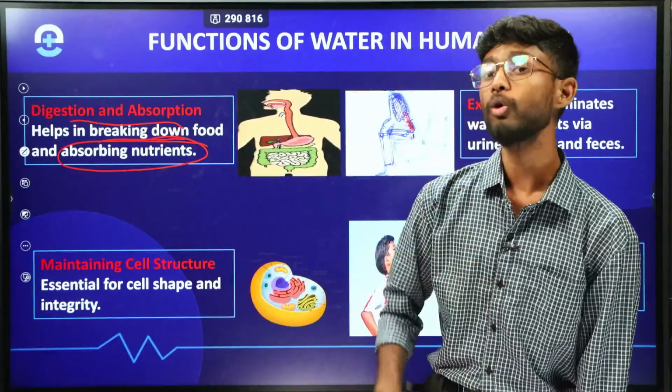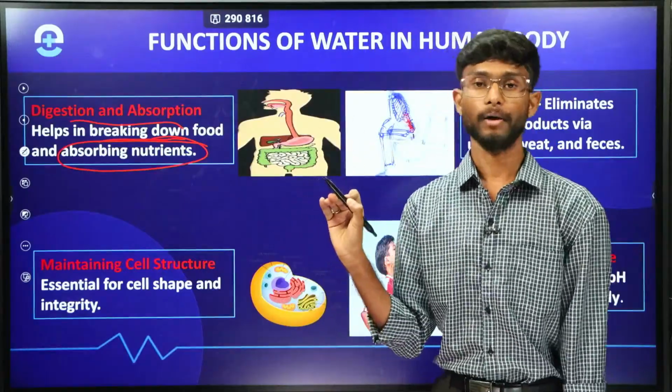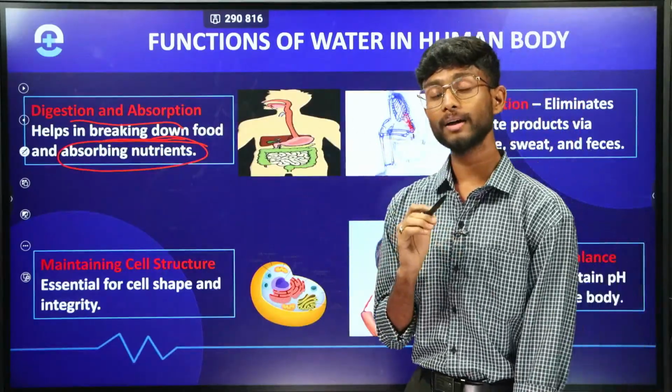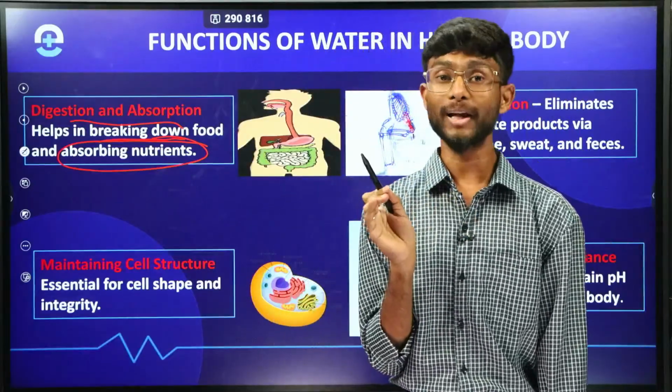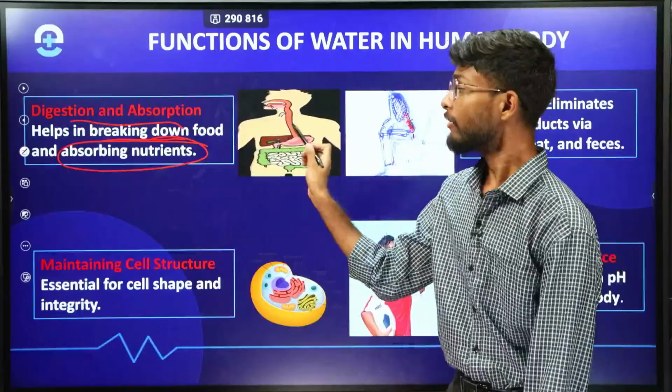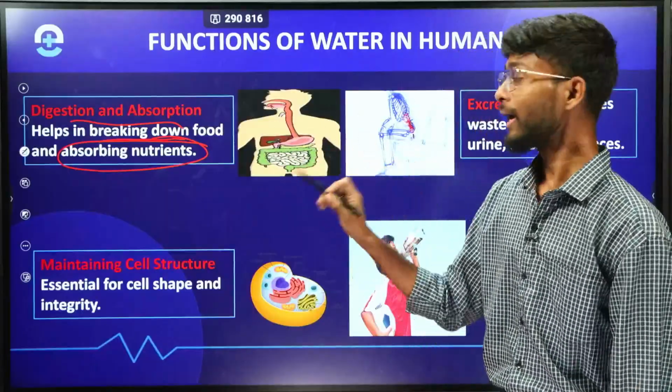For that also water is required. And also, as I told, in the digestion and absorption process the electrolytes, that is sodium and potassium, I have mentioned there. For that also water is very important.